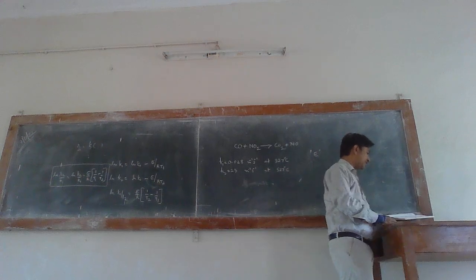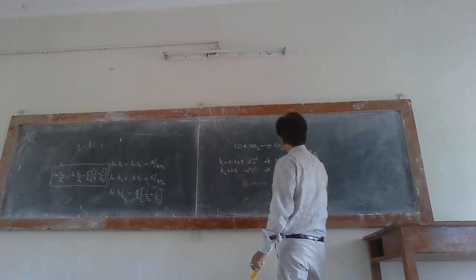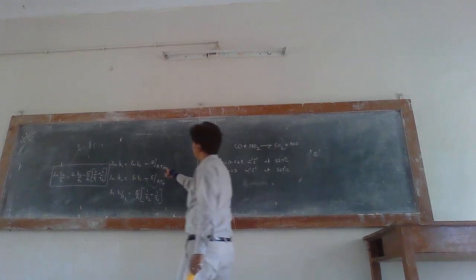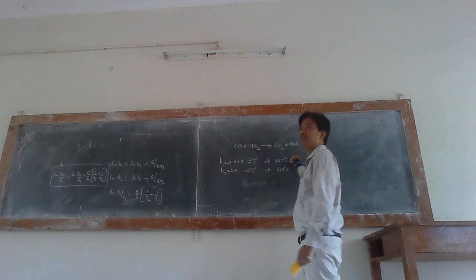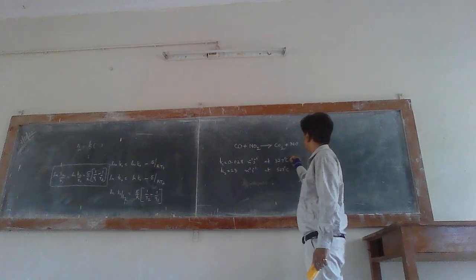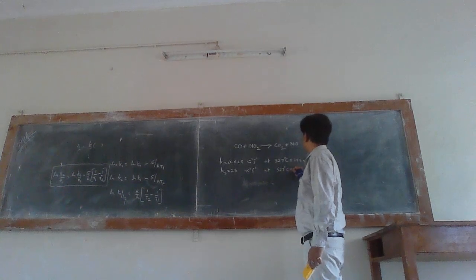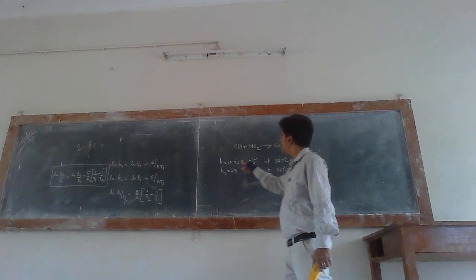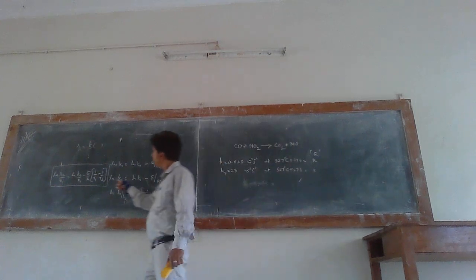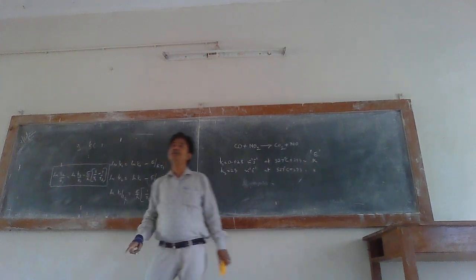You can plug in all the things, but when you are plugging in, make sure that T is in kelvins. That means you should add 273 to get the value in kelvins. That means T1 you know, T2 you know, K1 you know, K2 you know. In this expression, you know R, get E. Do it.